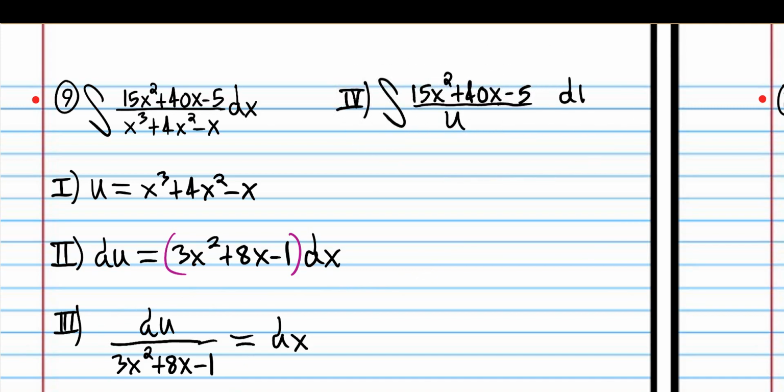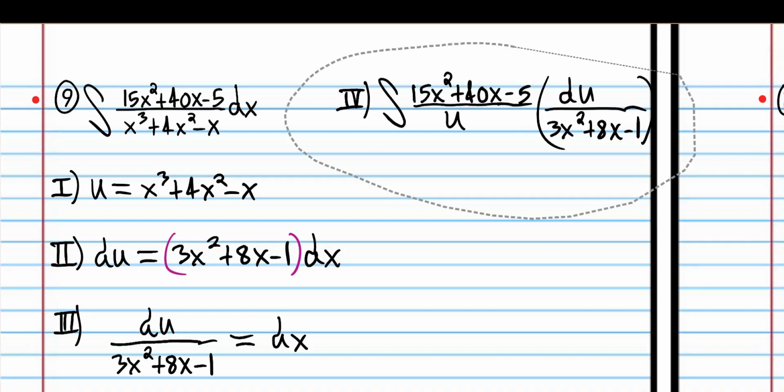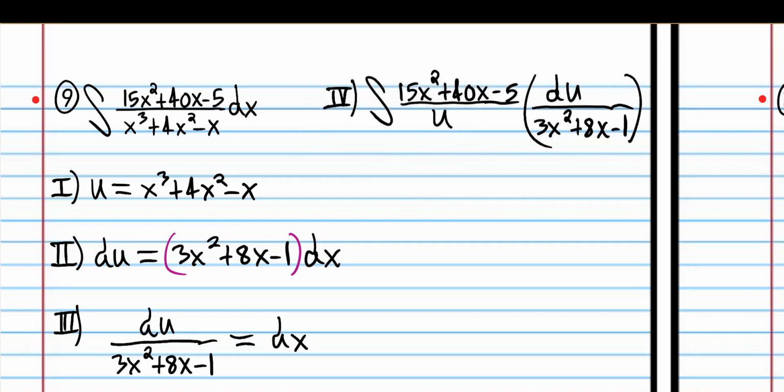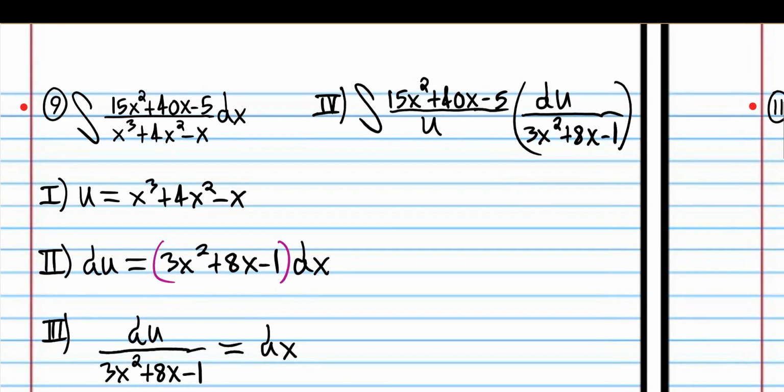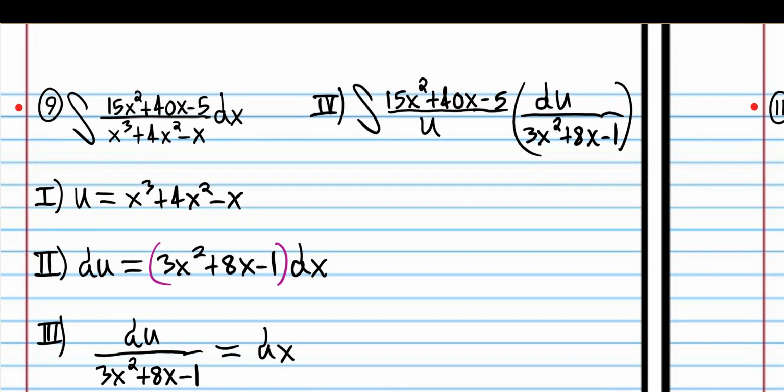So that's du over 3x squared plus 8x minus 1. Okay. So now we're stuck. There's nothing that we can do.